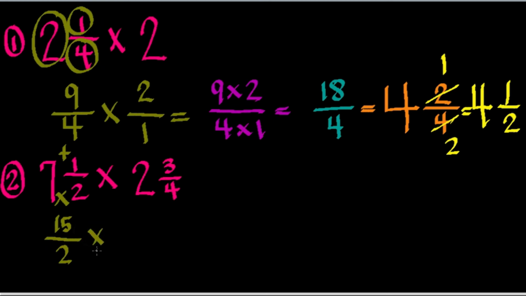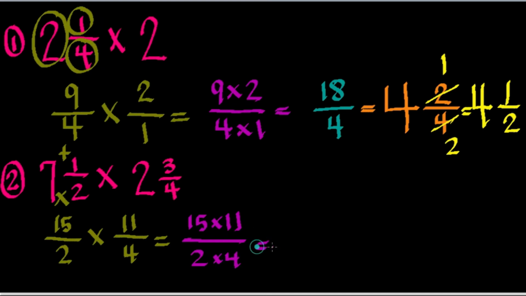Let's do the same procedure for the second mixed number. 4 times 2 is 8, and we add the numerator, so we have 11, denominator 4. Next, we are going to multiply numerator by numerator, so 15 times 11, and denominator times denominator, 2 times 4.